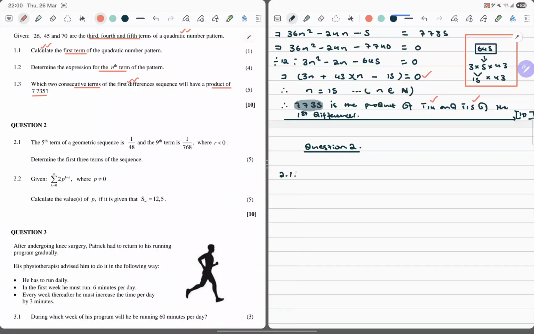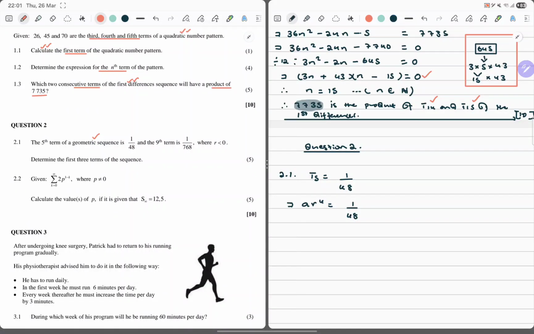All right, so 2.1, we are told that the 5th term of a geometric sequence is 1/48. So this is T5 equal to 1/48. Now what does this imply, guys? It implies that AR, because this is a geometric sequence, AR to the exponent 4 is 1/48.